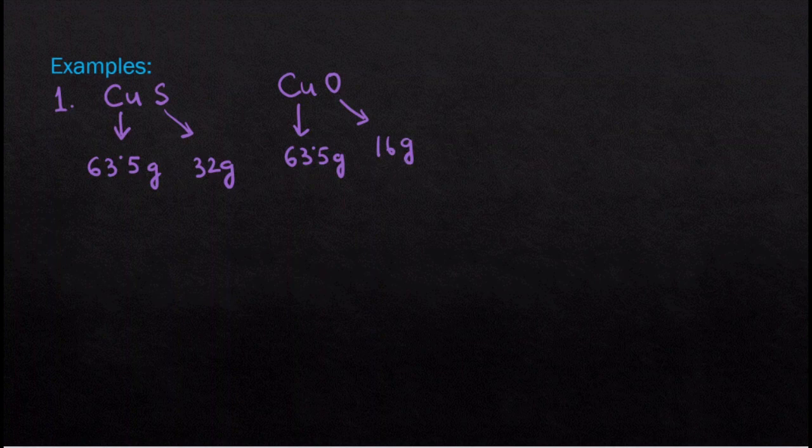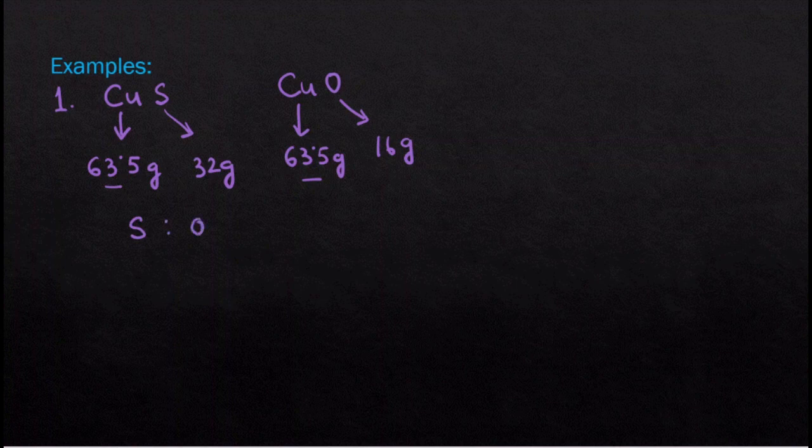Let's look at the mass of copper over here. It is the same for both the compounds. Next, we have to check the ratio of the masses of the other two elements. For these two compounds, the other two elements are sulfur and oxygen.